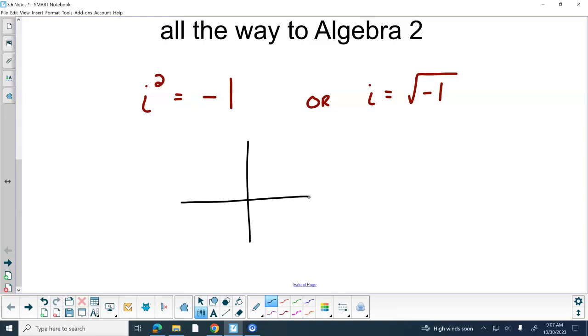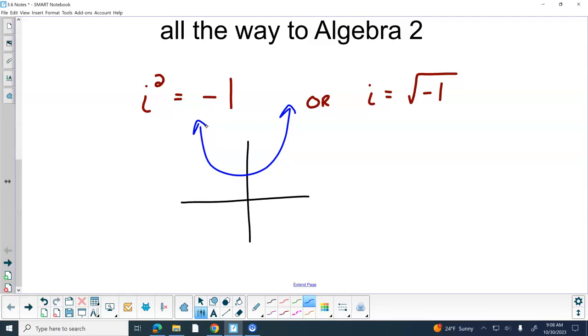Well, the downfall is that if you have, I'll just go a quadratic, if you have a quadratic that doesn't cross the x-axis, we still need to find 2 solutions for it because it's got a squared variable, a squared degree. Okay?